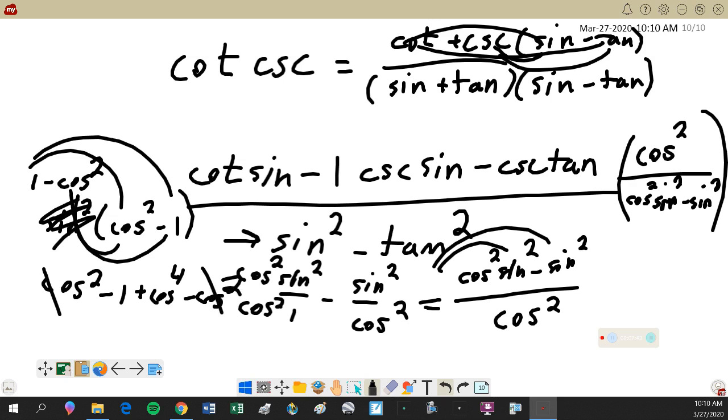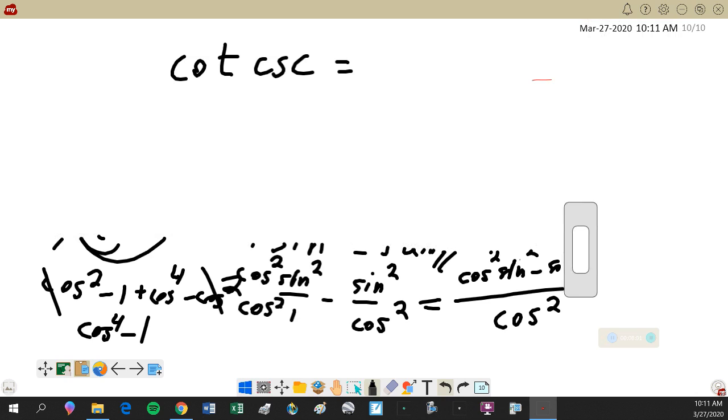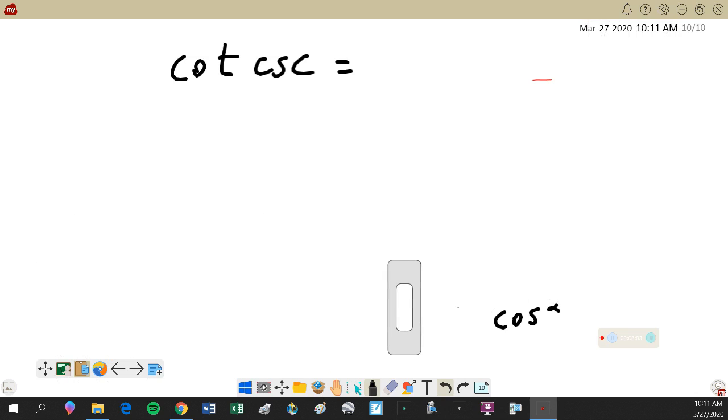So those would cancel. I get cosine to the 4th minus 1. I think this is all bad. Starting over. I think that one would work, but we're not going to do it that way. All right, try again.